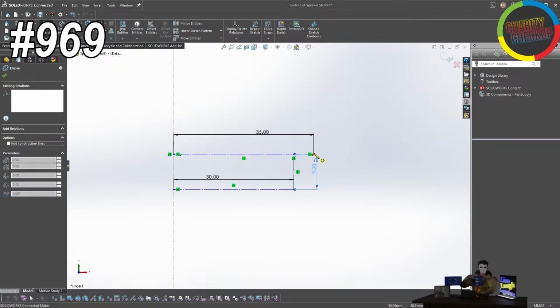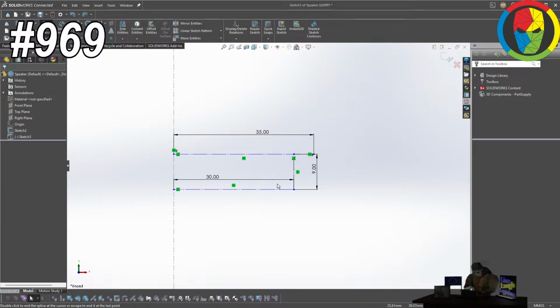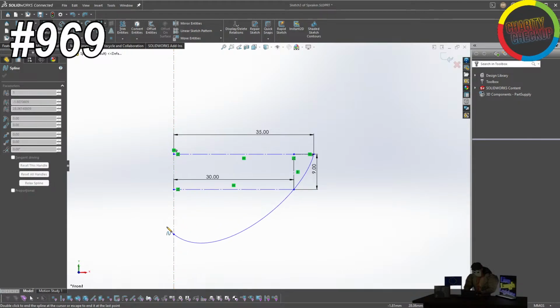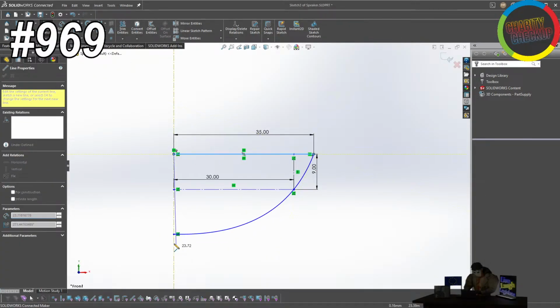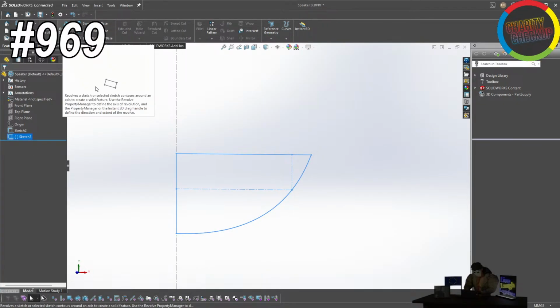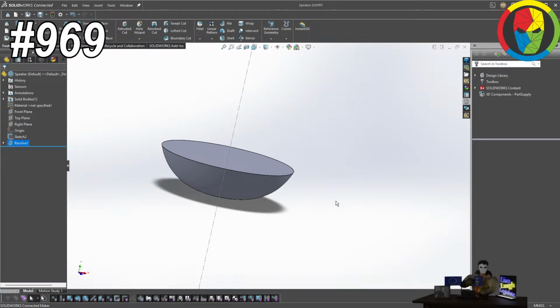No, let's do a spline. I always forget that you don't end the spline by double clicking. Right, there we go. Speaker, good enough.